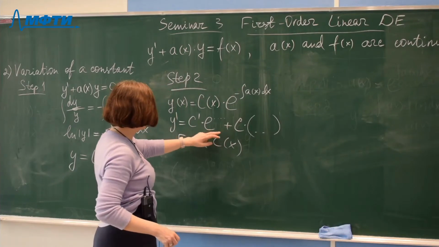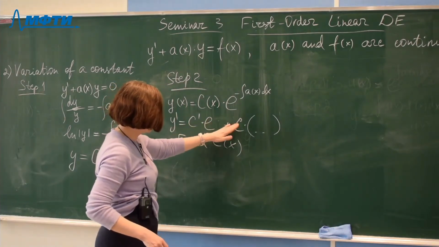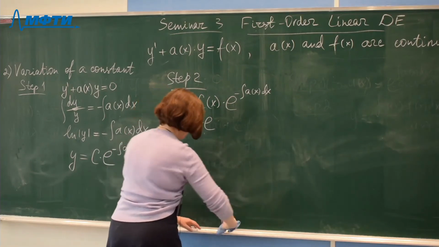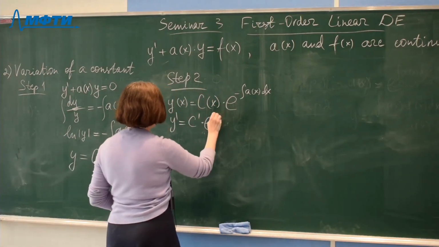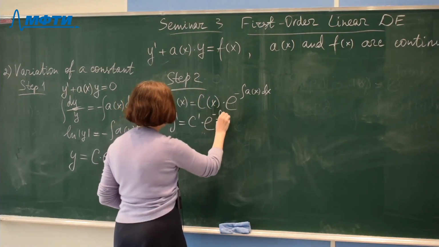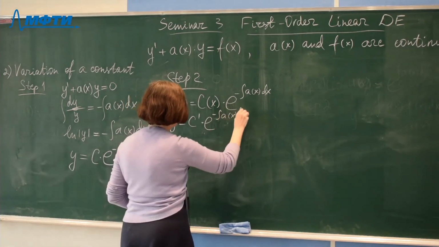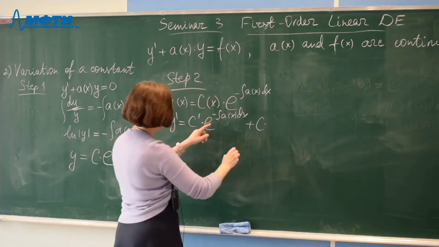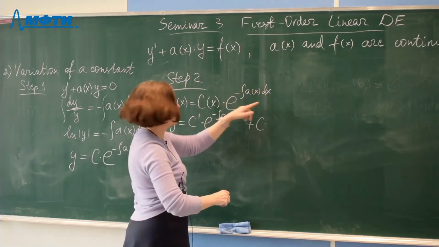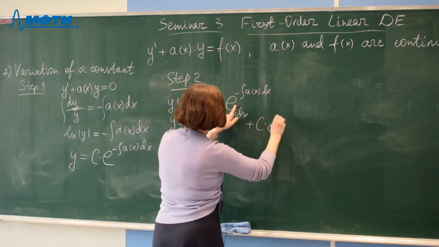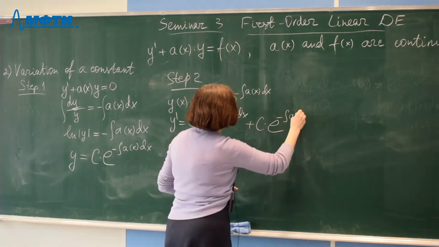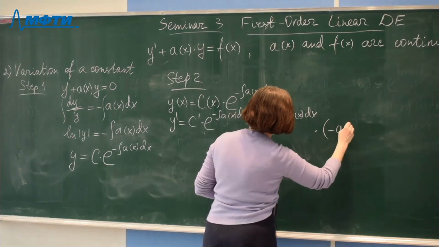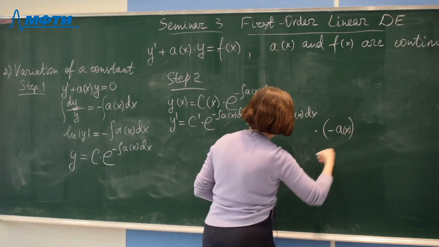So if we differentiate, in detail this will be minus the integral of a(x) dx plus c times the derivative of this. What is the derivative of e to minus the integral of a(x) dx? It is times minus a(x).